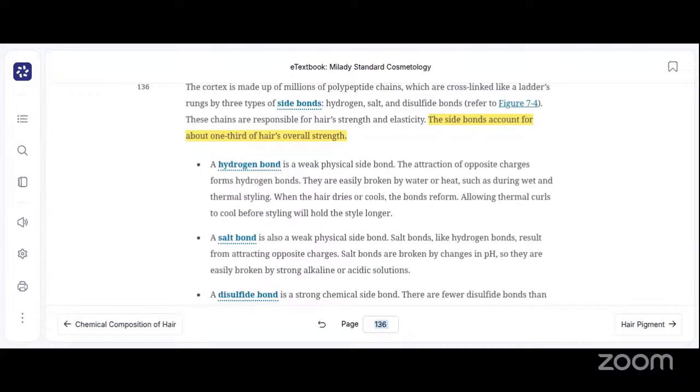If you're going to do a silk press and the person's hair is 100% natural, as you blow it out you start to break down those hydrogen bonds, and as soon as you put the pressure comb or flat iron over it, the hair is straight instead of curly. That's temporary, because whenever you involve water, it's going to destroy it.